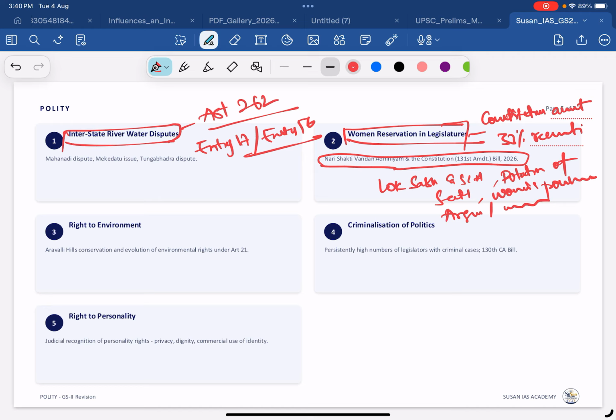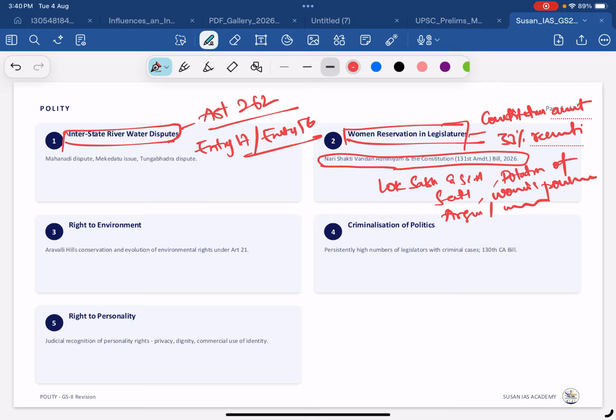And also we can include Panchayati Raj reservation experience. Now we have Panchayati Raj reservation earlier than women reservation in Parliament and state legislature. So one can quote that Panchayat reservation experience also, right?